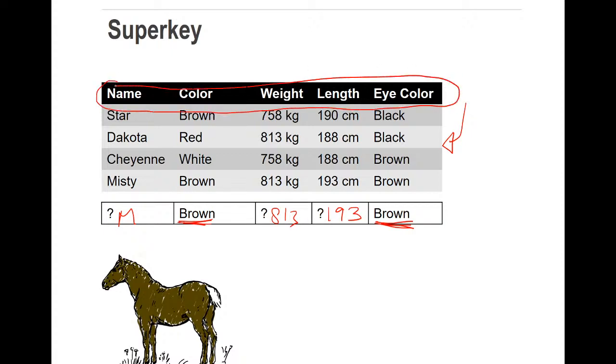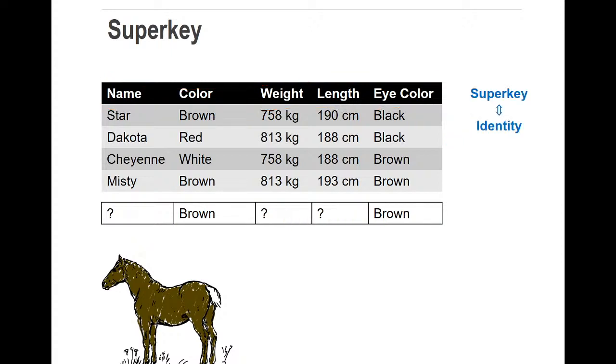Because based on our earlier definition, if we have two rows where all the values are the same, they must be representing the same real-world object. Okay, so a superkey is basically an identity.